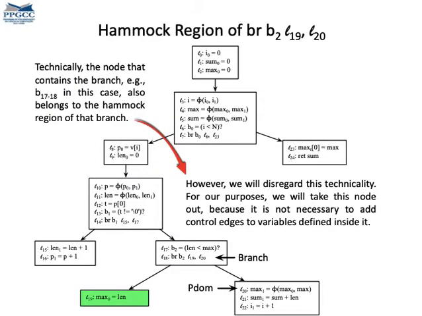Label L19 is in the Hammock region controlled by the branch at label L18. Would you like to think about why this is true? Stop the video and think about it. By the way, every node dominated by L18 except its post-dominator belongs in the Hammock region controlled by the branch at L18.